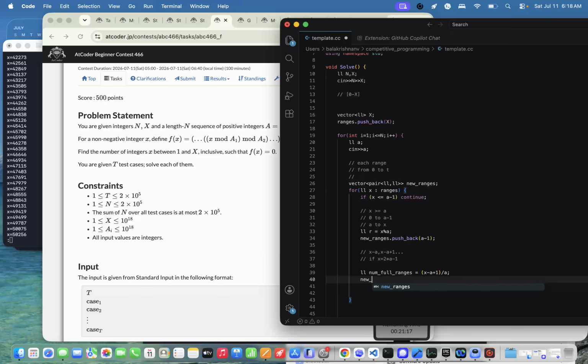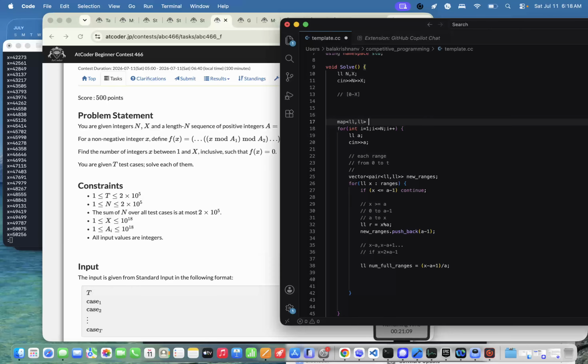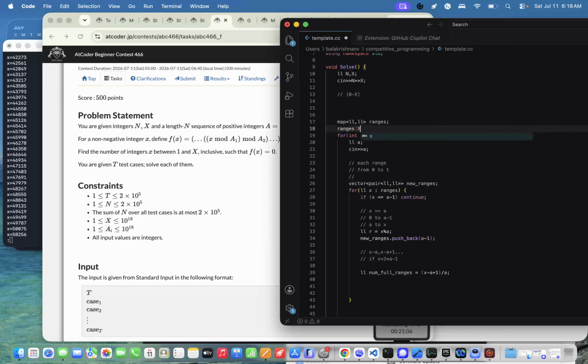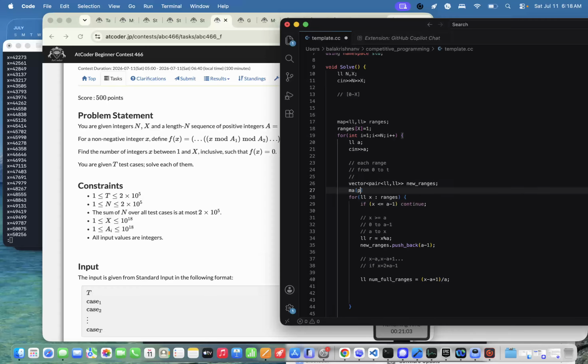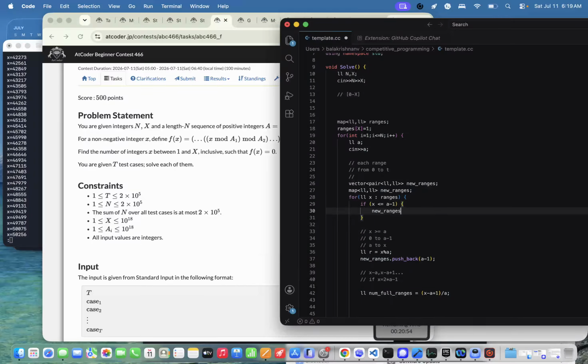New ranges. Okay. Maybe just do this map. Ranges of x equal to 1. New ranges of x. Yeah, new ranges. Auto x equal to it. Continue.